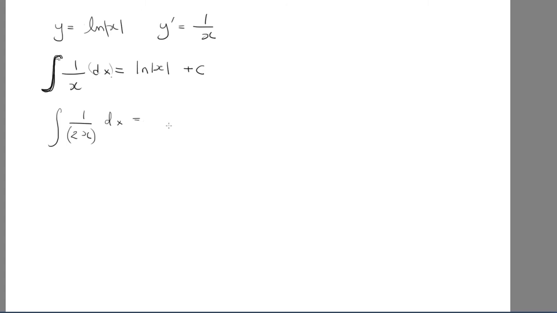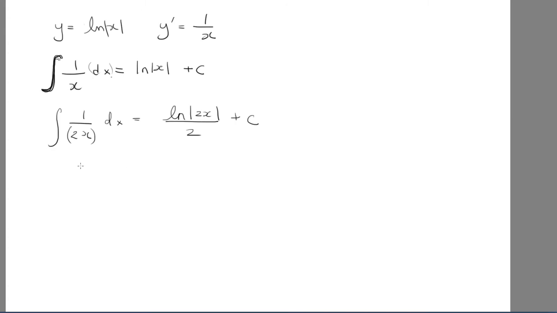So this becomes ln 2x, right? And then because this bit is no longer just x, it's 2x now. What's differentiation of 2x? 2, so you just put 2 down here. Okay? Plus c.